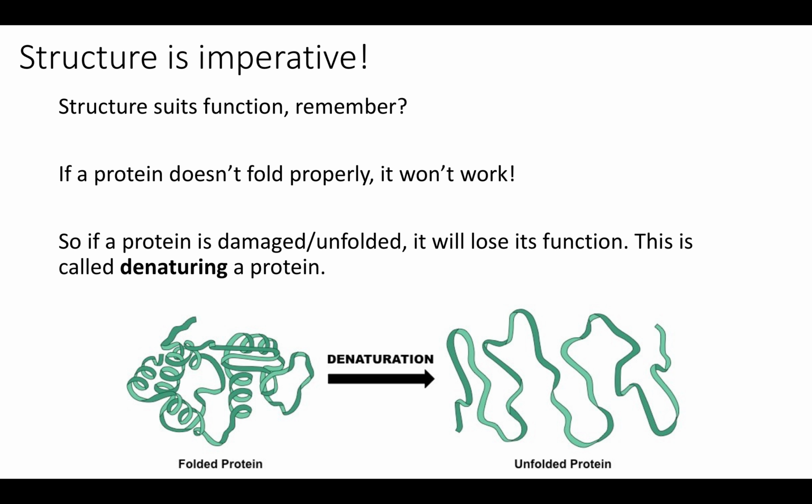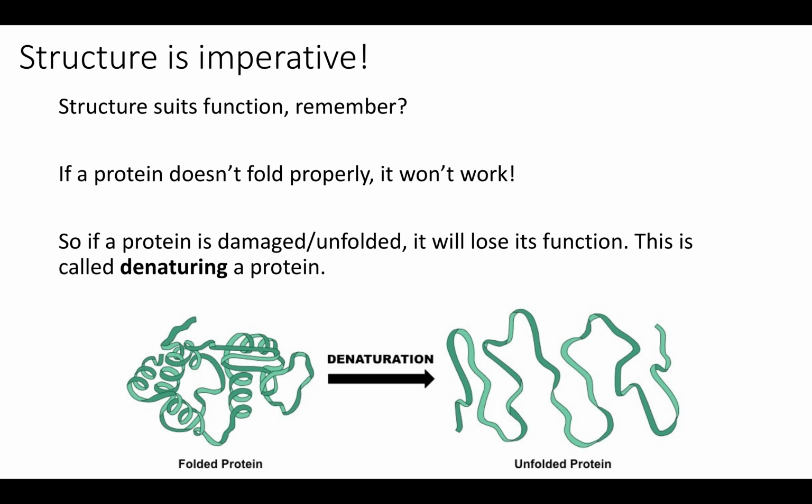If it needs to let things through a layer, what does that protein have to look like? Well, it's kind of got to look like a donut or a tube or a tunnel, right? Because something needs to pass through it. If it looked like a cup where one end was open and the other end was not, then nothing could pass through. It wouldn't do its job. The structure, the shape, the design of the protein affects its function.